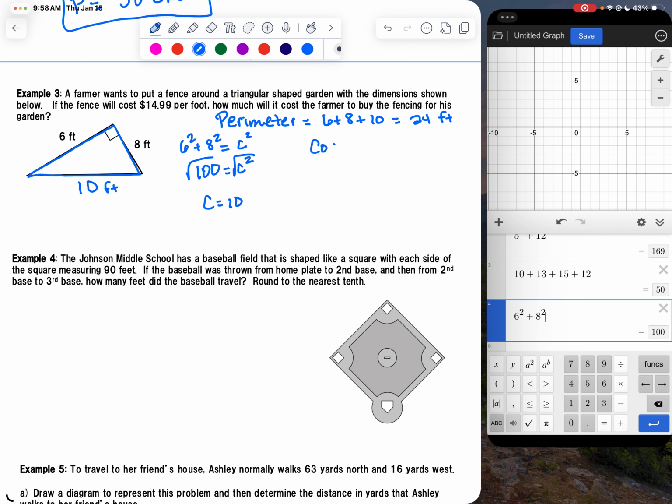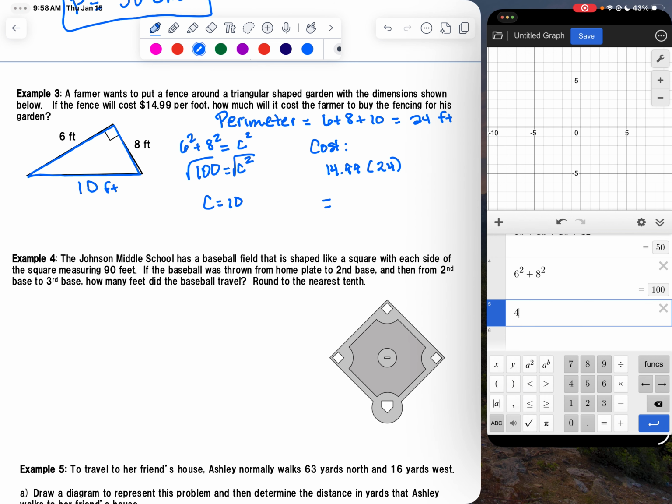So to find the cost, we would take $14.99 and multiply that by 24 feet. So $14.99 times 24. $359.76.